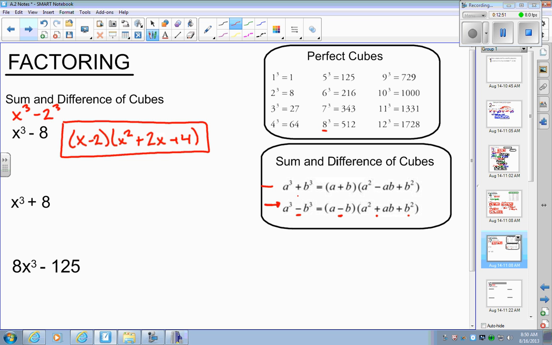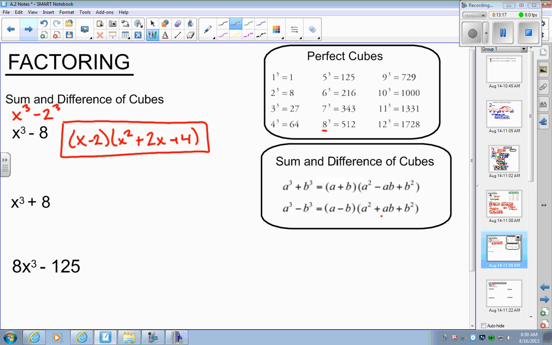If it's a sum of cubes, the first term has a positive, then a minus, and the last term is always positive. So these will change, and these will change, but it's easy to remember. If it's a subtraction, it's subtraction. If it's addition, the next one changes. Okay, so we'll get lots of practice with these sum and difference of cubes.